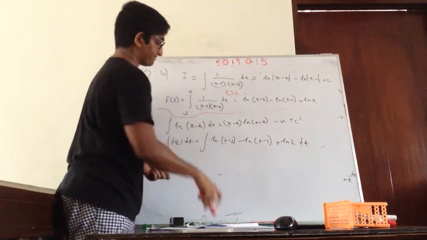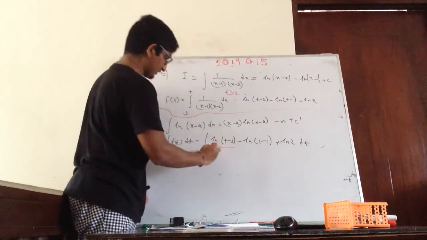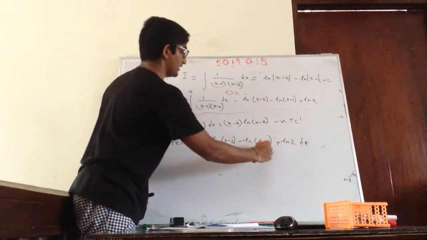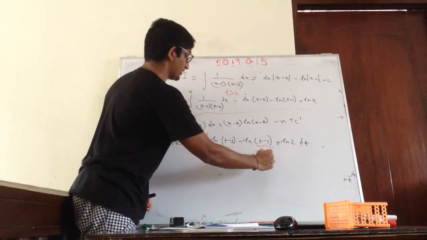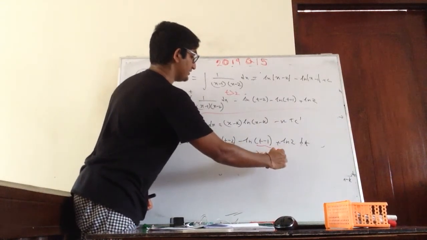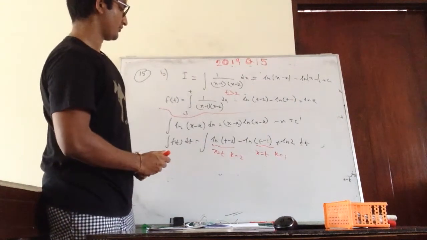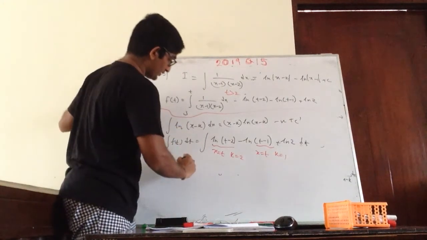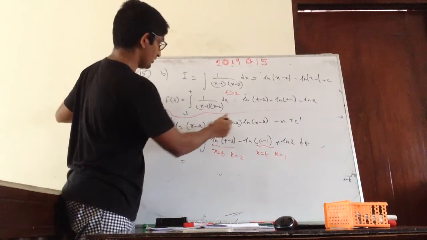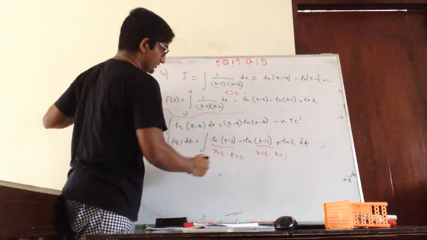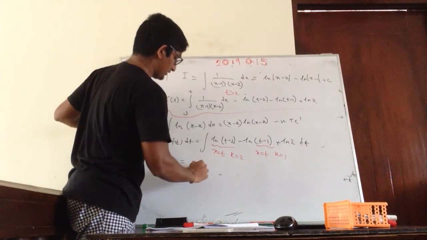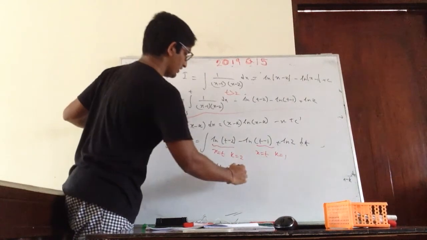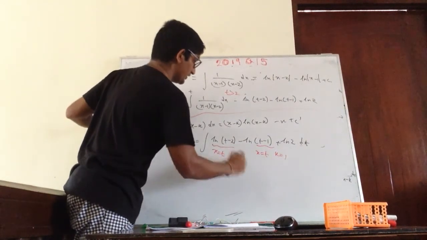So here, in this, x is equal to t, k is equal to 2. Here, x is equal to t, then k is equal to 1. Right? So now considering this, we can get the answer. So you will get, that means, (t minus 2) ln(t minus 2) minus t.